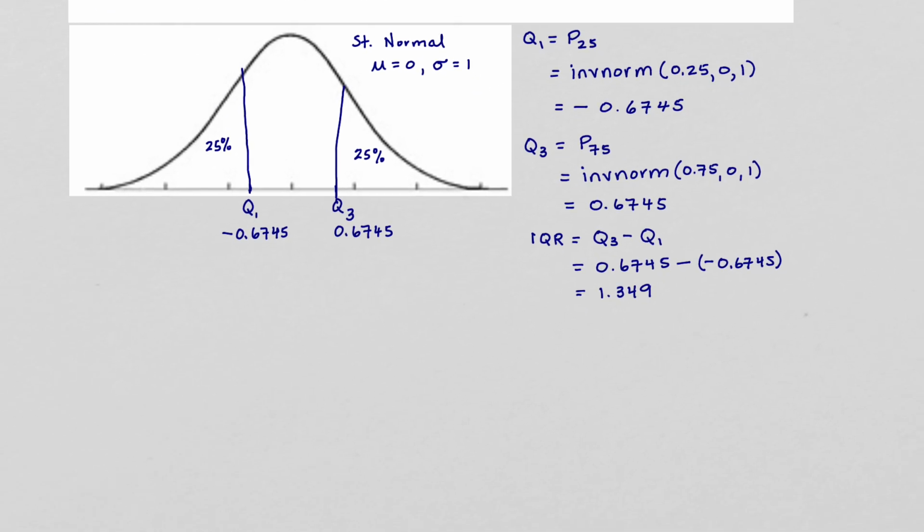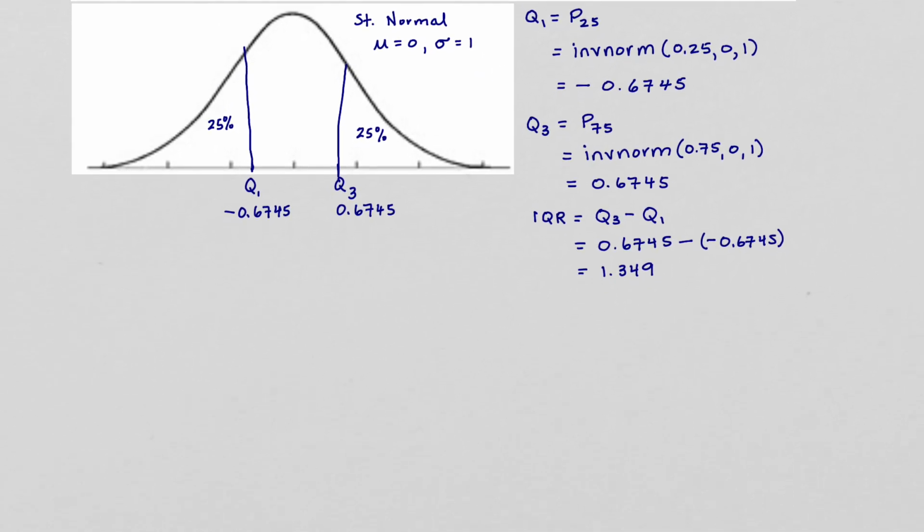Okay. So now we want to find Q1 minus 1.5 times the interquartile range. And that is going to be negative 0.6745 minus 1.5 times that interquartile range, 1.349.